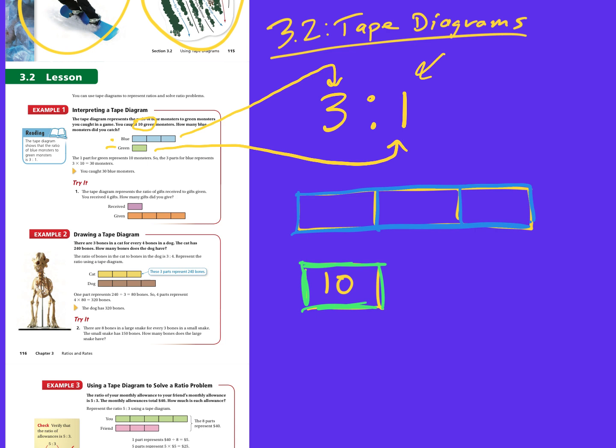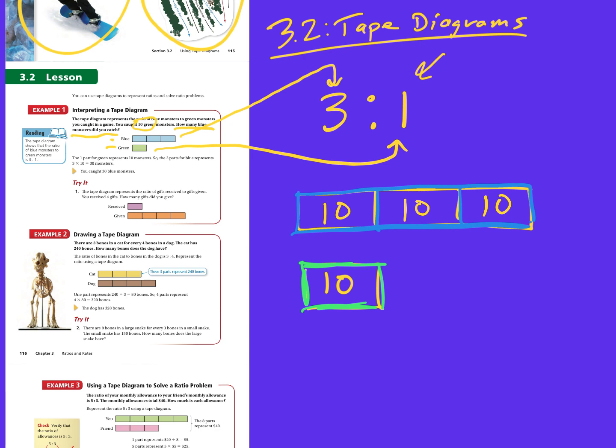The question they're asking is, how many blue monsters did you catch? If 10 fits in this box and these boxes are all the same size, you can use the tape diagram to fill in 10 for each of these boxes. Since they're the same size, each of those amounts is going to be 10.